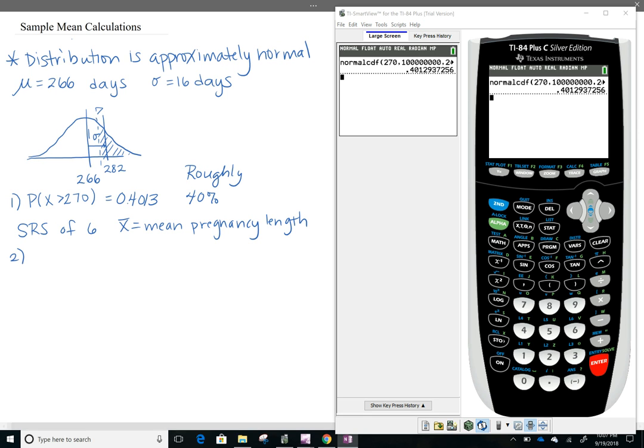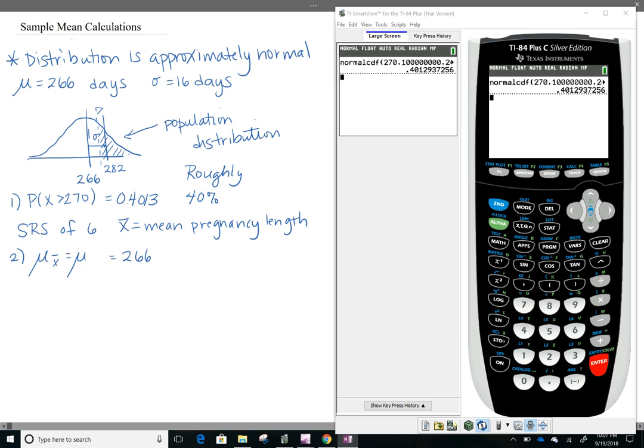So here I have a given population distribution. If I took a sample of 6, what would I expect my sample distribution to be? I know that the population distribution has an unbiased estimator in the mean. So the mean of the sampling distribution is equal to the mean of the population, which is equal to 266.